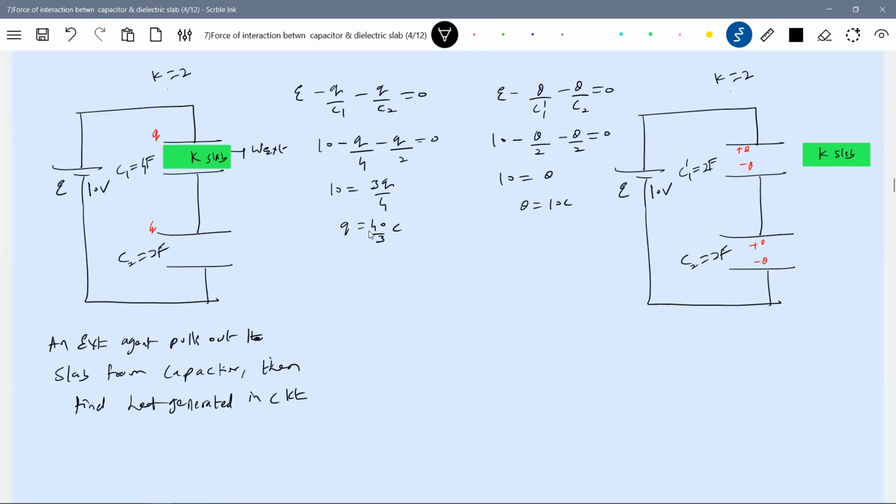So first we have to calculate the initial energy. UI equals Q square by 2C1 plus Q square by 2C2. Q is 40 by 3. I think C1, C2 we can simplify: 1 by 2 plus 1 by 4 is 3 by 4.